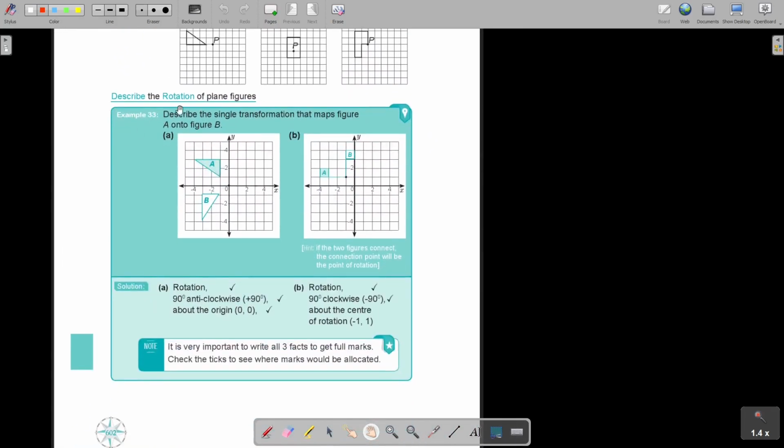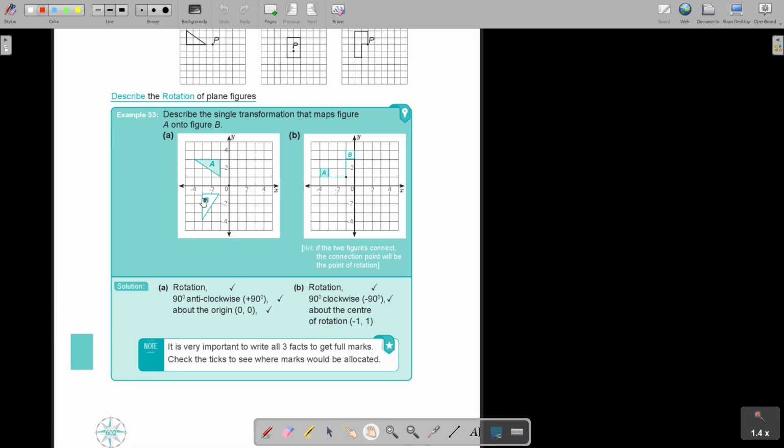Okay, describe the rotation of a plane figure. Now, if I look at this one, describe the single transformation that maps figure A onto figure B. So A onto B. Usually we take the shortest path.